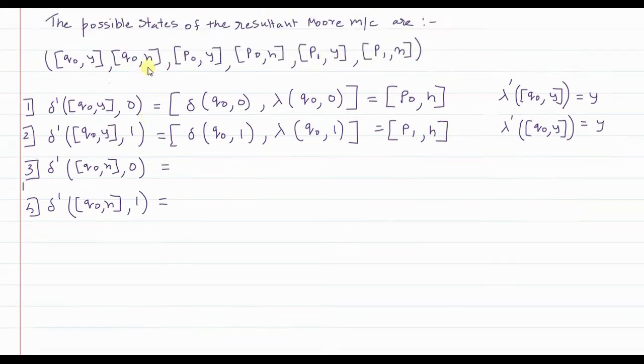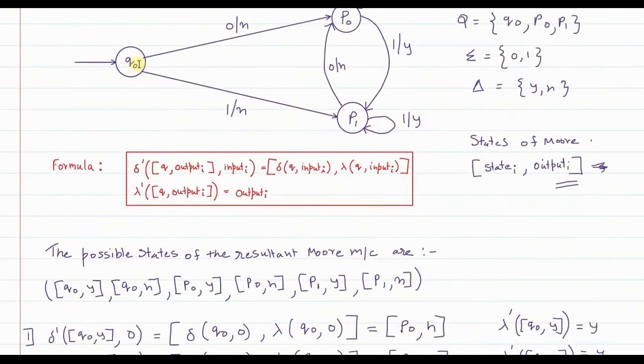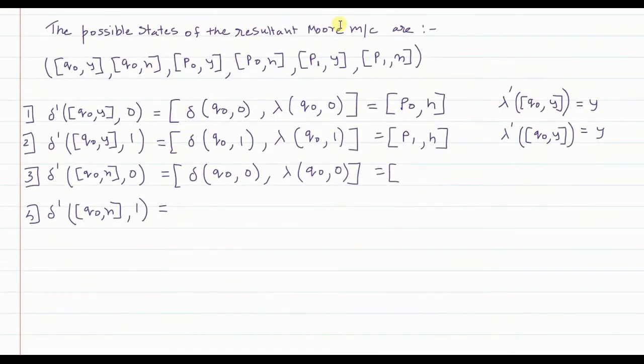Now using the formula, this can be written as del of the state Q0 comma the input 0 comma lambda of the state Q0 comma input 0. Just see the diagram: what is the transition from state Q0 on reading 0? You go to P0. So you will write here P0.